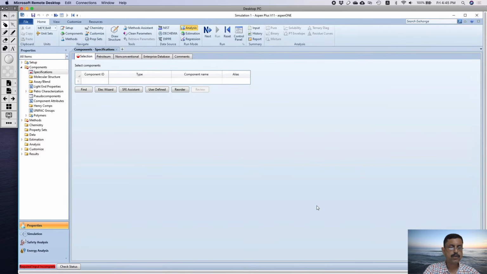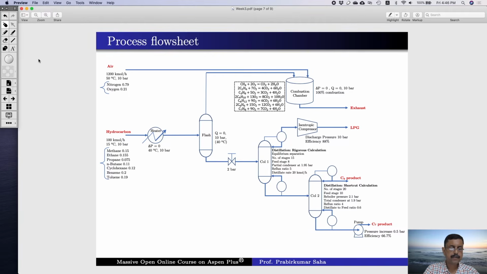First we have to add in the components. What components do we have? Let us see. So we have these components: methane, ethane, propane, N-butane, cyclohexane, benzene, and toluene. So we have to add in these components one by one.